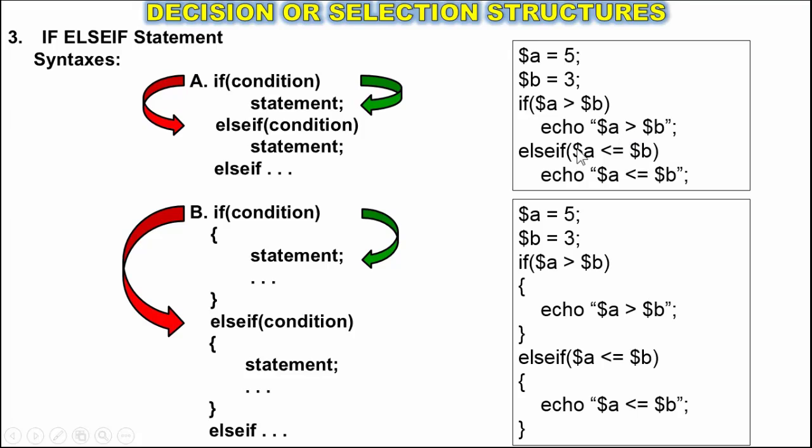Otherwise, if it is all false, then the next condition under else if, $A is less than or equal to $B, will be evaluated by the server CPU, and if it is true, therefore the echo or second decision statement is executed by the CPU.